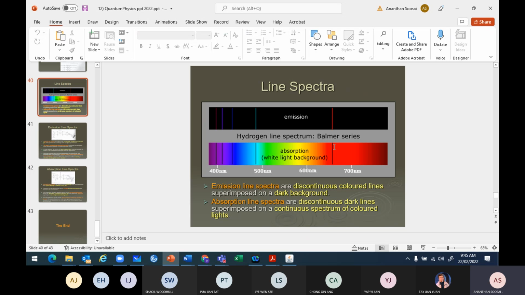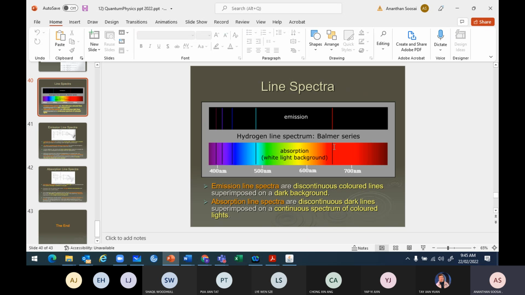This line spectrum is unique for every type of atom. Let's say they got a weird mineral from a different planet and you don't know what it contains inside.